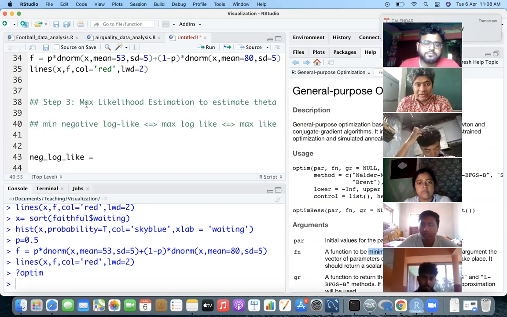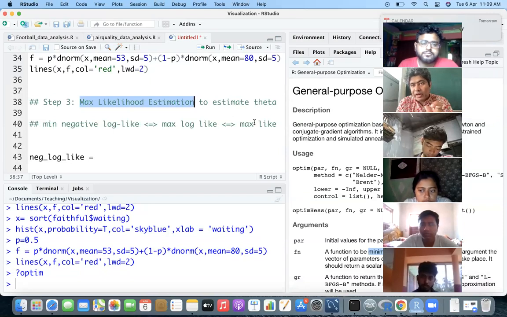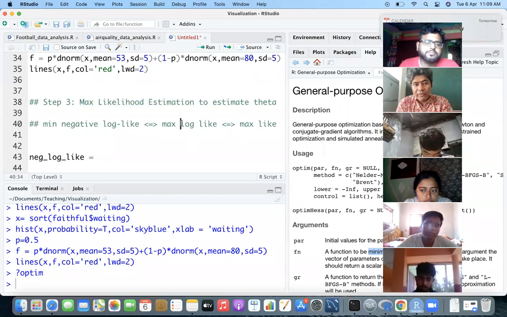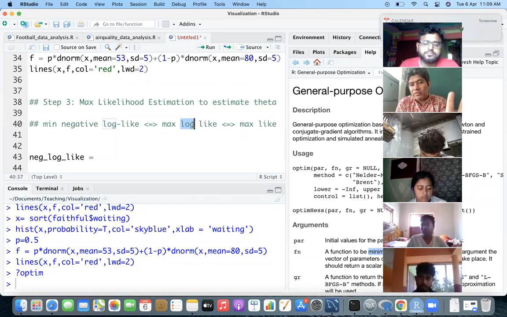So our objective is to maximize the likelihood. But we cannot directly maximize the likelihood because we will run into the floating point error problem. So in order to solve that, we take the log likelihood, which will give exactly the same solution, because the log is just a one-to-one function. So I don't have to worry.